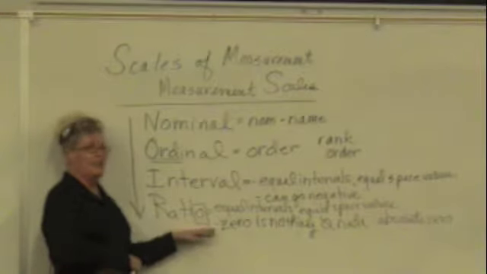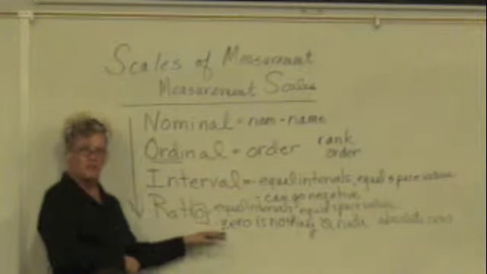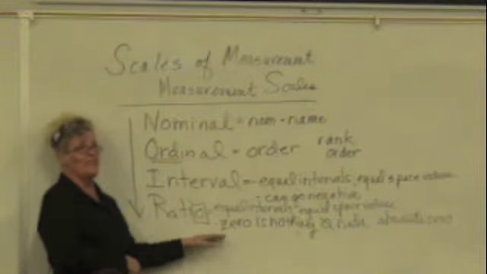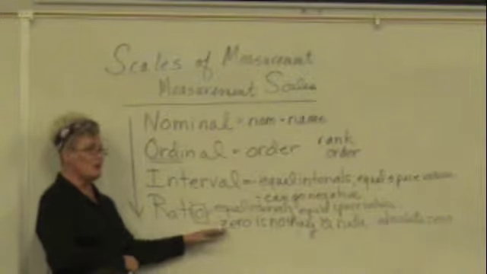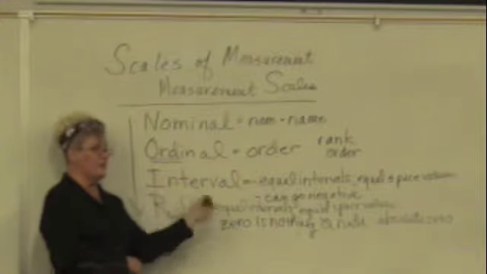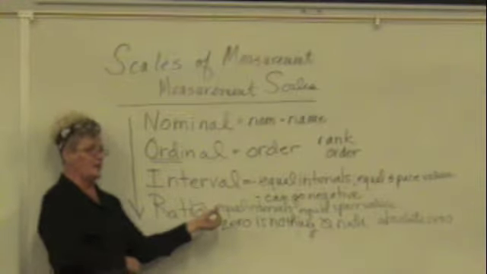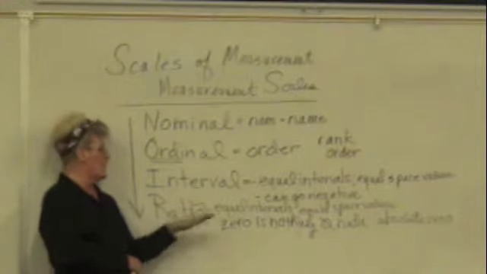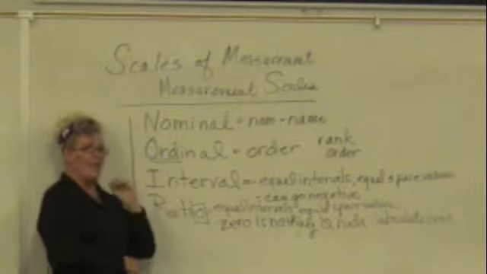The ratio money would be money in your hand, money in your pocket. I know it feels like many times you have negative money in your pocket, but it's really a physical thing. So it would be ratio because it stops at 0. If I have no money, I have 0 money. Does that make sense? So you have to think of when it gets to 0, does it mean absence of that?